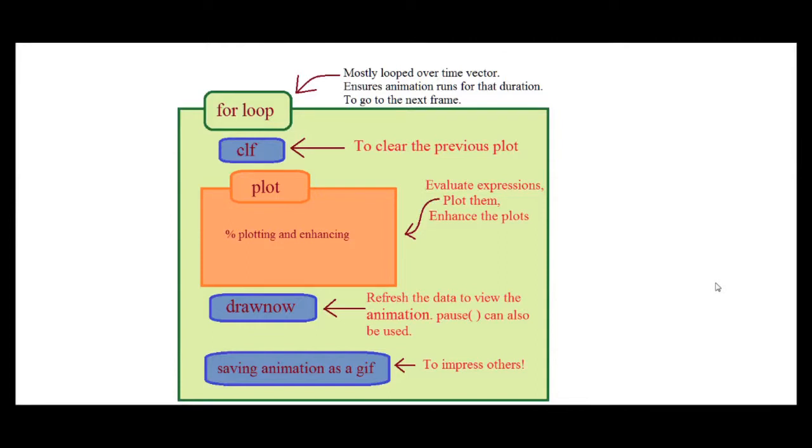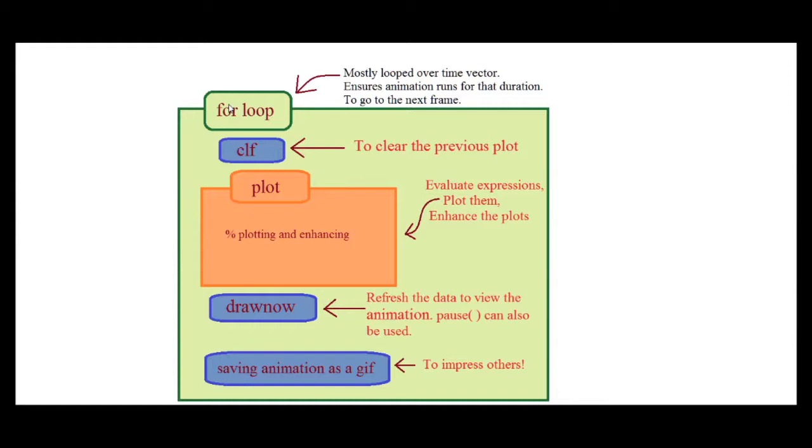This can be considered as a guide to construct animations in MATLAB. The figure shows essential elements required for it. First, we define the variables that we need. Then we need a for loop to ensure that the animation runs for the specified duration of time. We then calculate the time varying quantities in each iteration of the for loop.